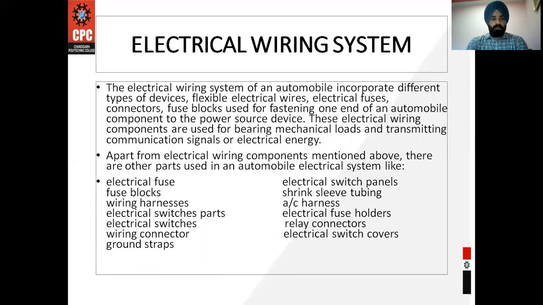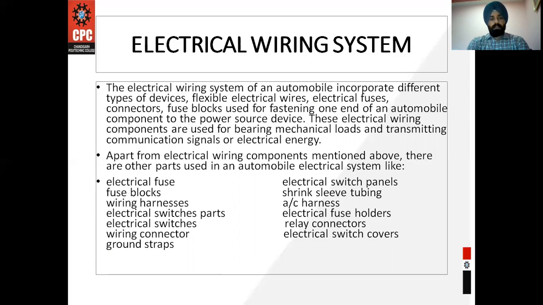Electrical wiring system. In the electric wiring system of an automobile, different types of devices, flexible electrical wires, electrical fuses, conductors, and blocks are used for fastening one end of the automobile component to the power source device. These electrical wiring components are used for bearing mechanical loads and transmitting communication signals or electrical energy.